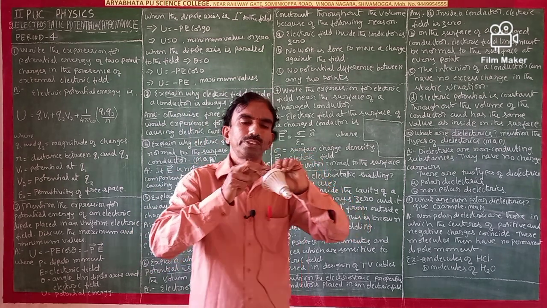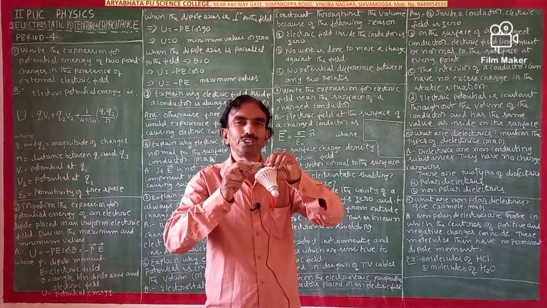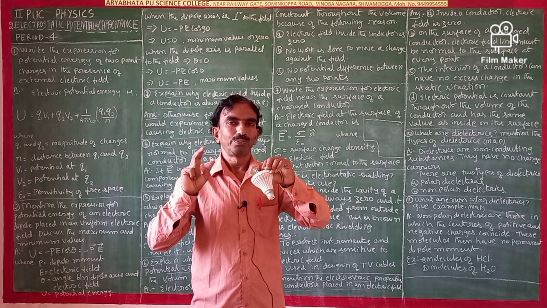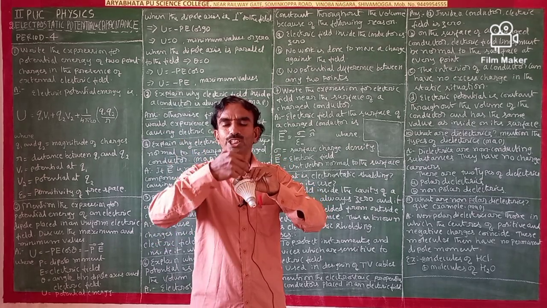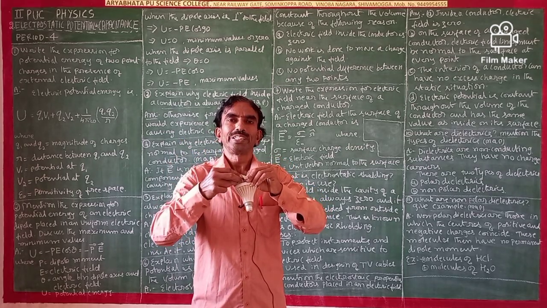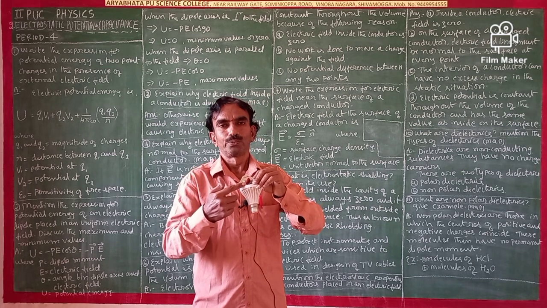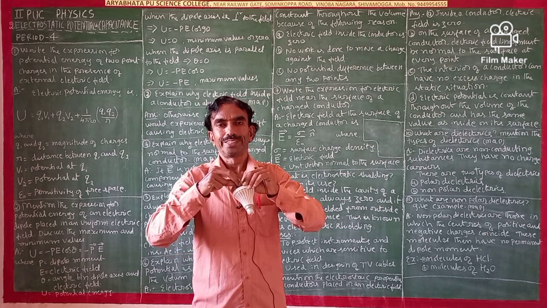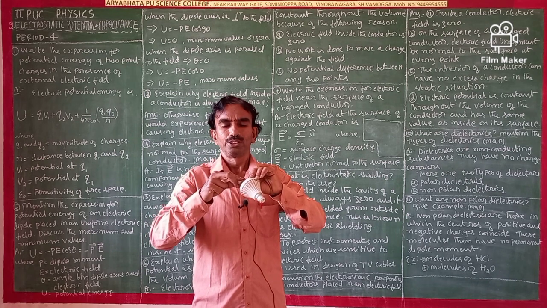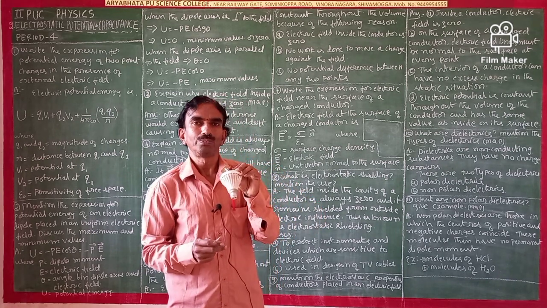Those chips and capacitors are very sensitive to the electric field, so they are shielded with mica or some special insulators. They are molded by special insulators, that is electrostatic shielding.